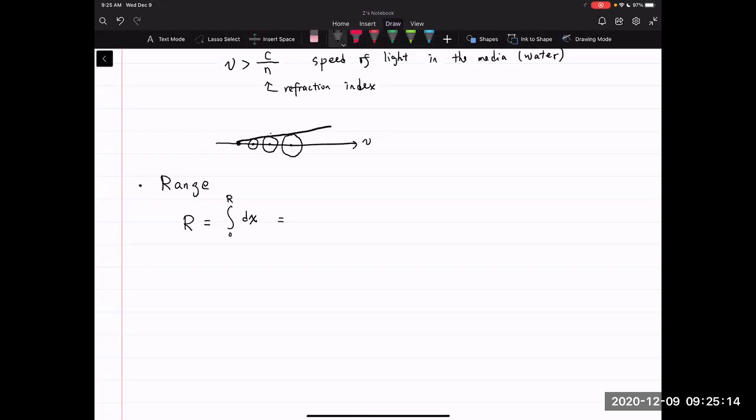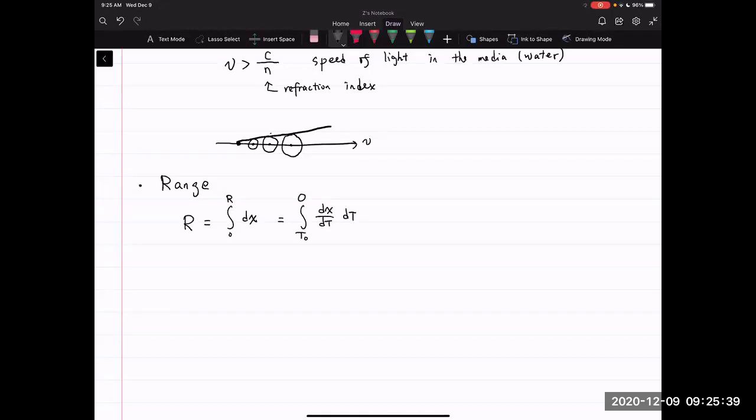Then we can carry out this integral by doing dx over dT, that's the inverse of the stopping power, and integrate over T. We don't know capital R, so we can integrate this from the initial kinetic energy T naught to 0 when the particle gets to a complete stop.